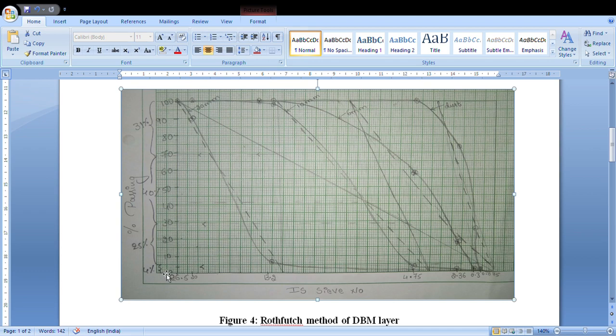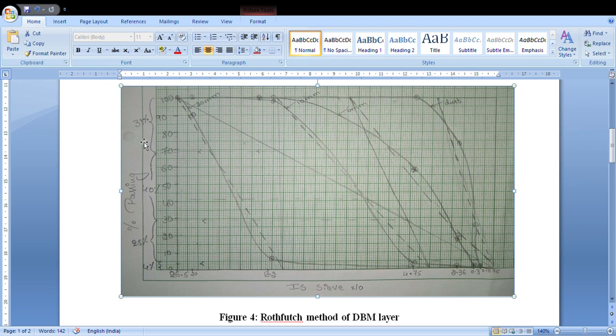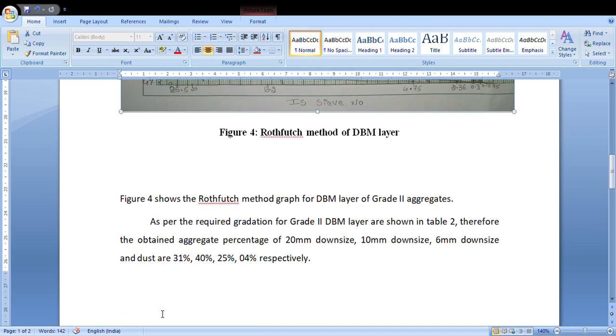So at the end of this graphical presentation, you will get the percentages of different sized aggregates to be mixed to get the required grade. This is the conclusion.